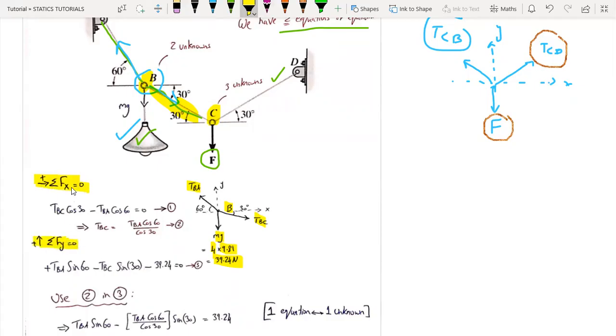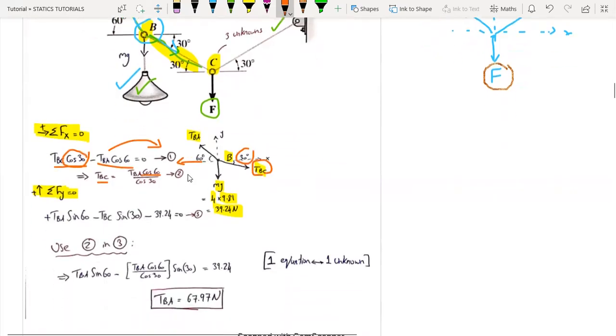Beginning with summation of forces in the x direction, we have TBC cosine 30, minus TBA cosine 60, because it is on the negative side of the x-axis, equals 0. So TBC will be TBA cosine 60 divided by cosine 30. This is our second equation.